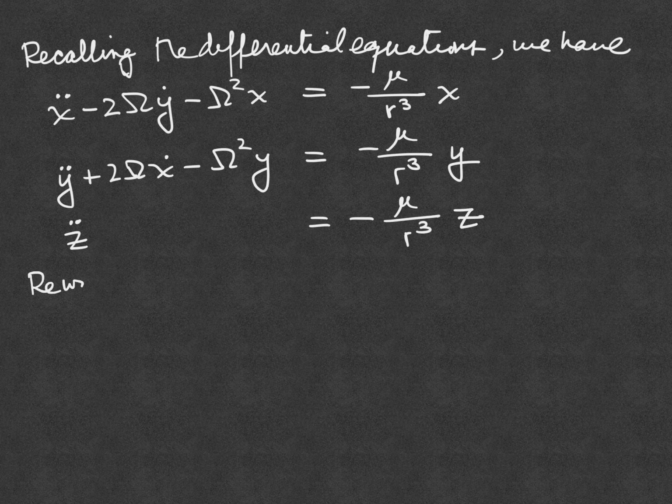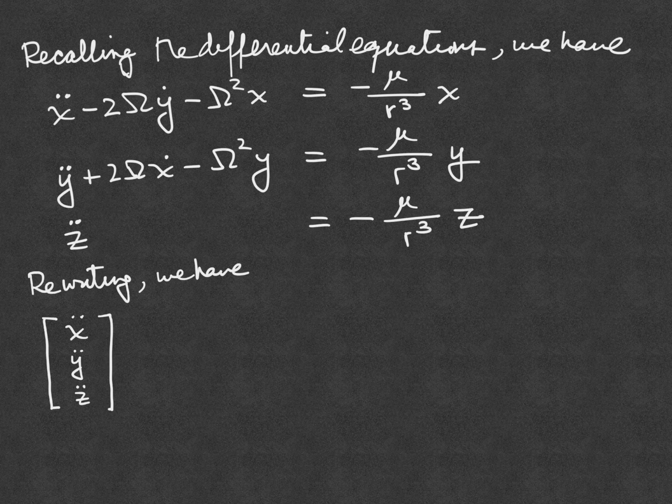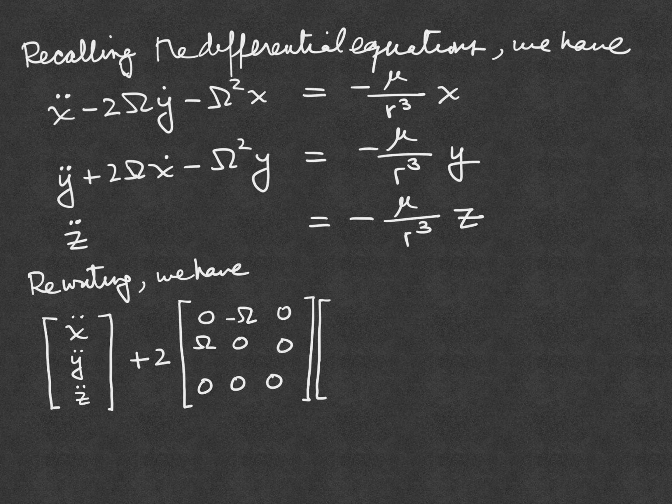So rewriting, I can write this as a column matrix, x double dot, y double dot, z double dot, and then the next term is plus 2 times this matrix that I just defined, which is 0, minus omega, 0, omega, 0, 0, 0, 0, 0, times x dot, y dot, and z dot.